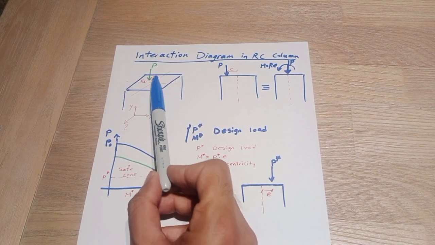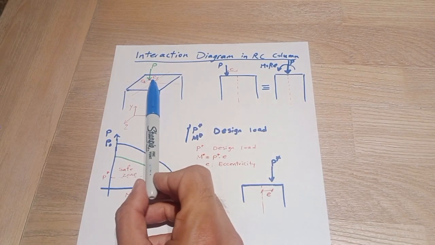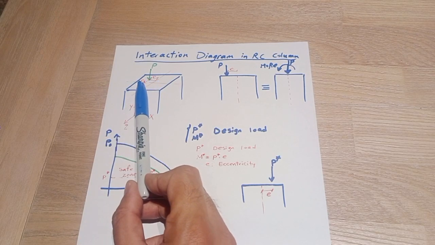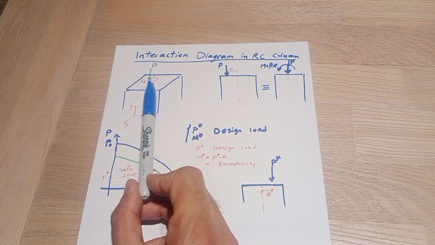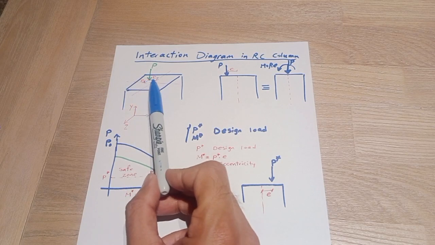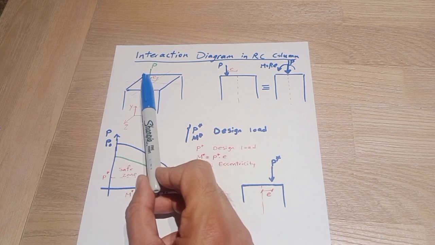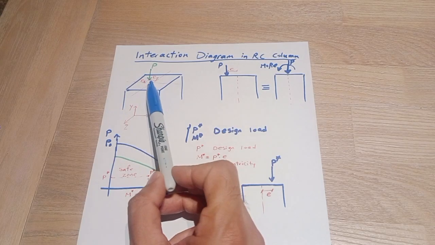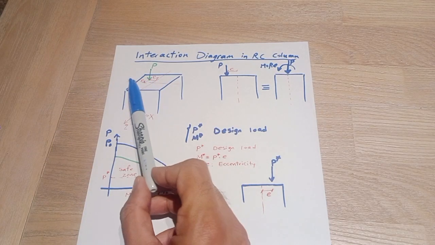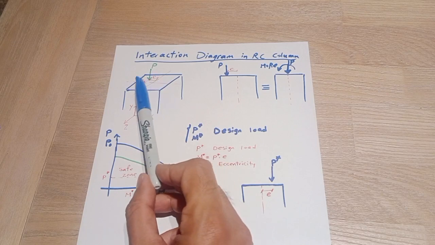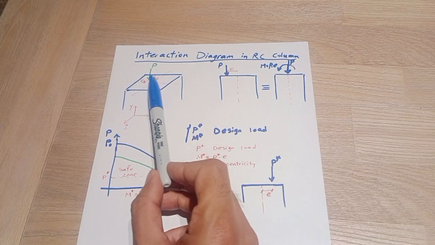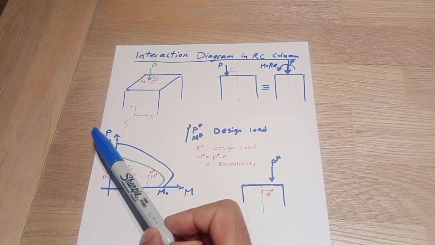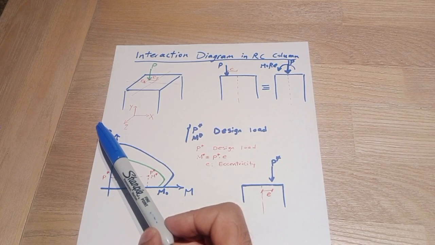So we will have P at the center if we transfer P to the center, and then we will have effect of that eccentricity that comes as bending moments, and for EZ will be PEZ, and for EX will be PEX, bending moments about Z and X axis.